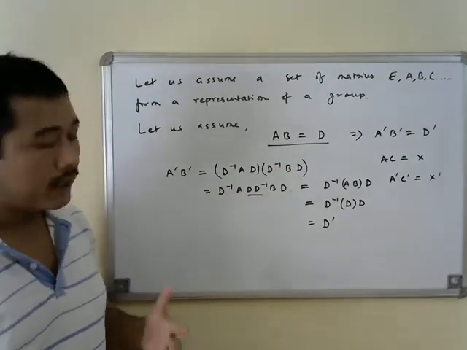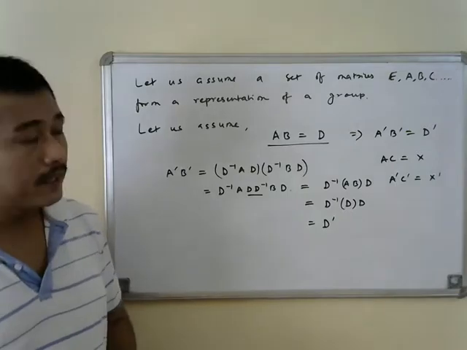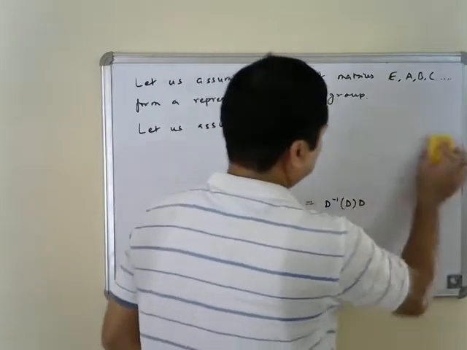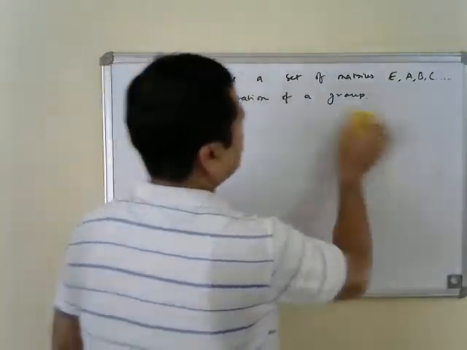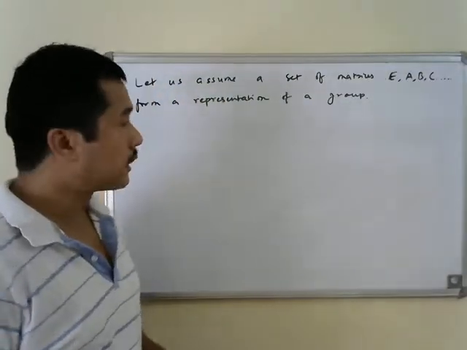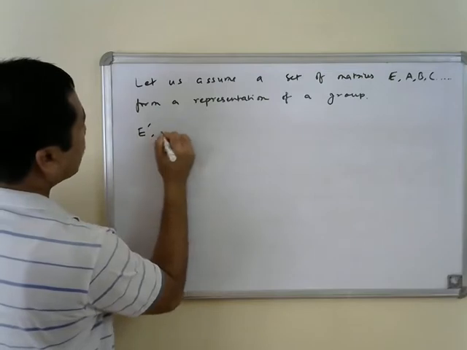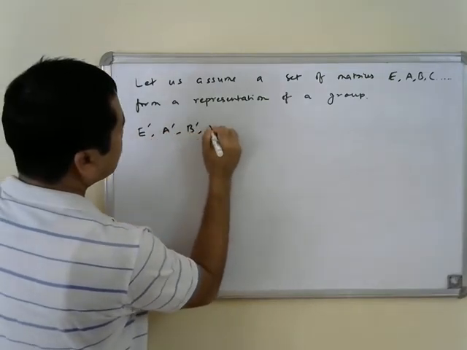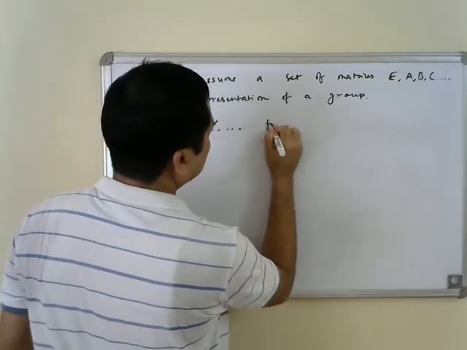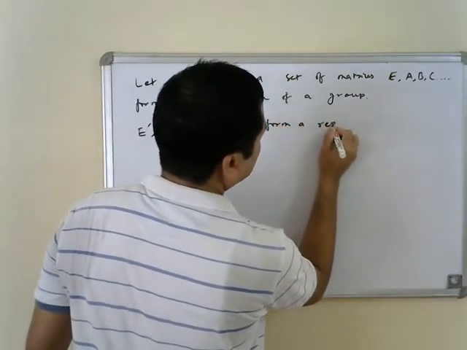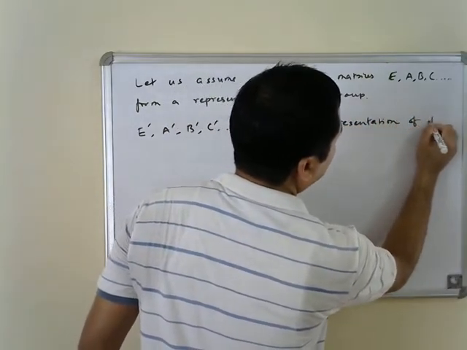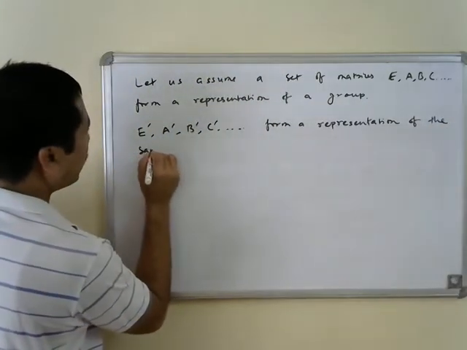So that is the reason why we can now say that this set of matrices that we obtain by doing similarity transformation on the parent set of matrices, that is E dash, A dash, B dash, C dash, the entire set of matrices, form a representation of the same group.